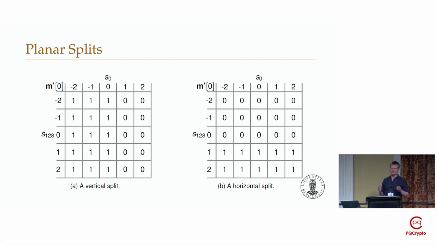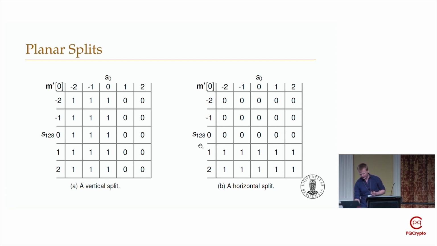And the first type of splits that we can make here is planar splits, which can be either vertical or horizontal. And this way, we would, for example, here learn that S0 is either -2, -1, or 0, or that it's 1 or 2.